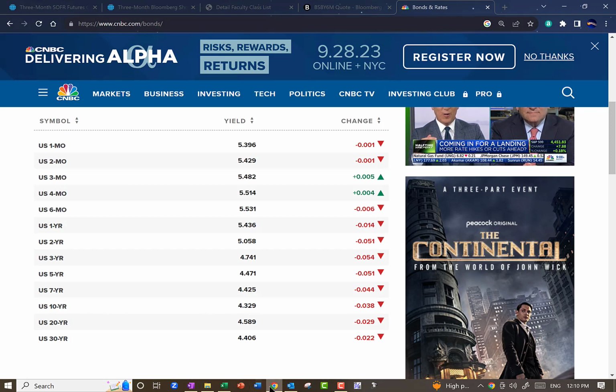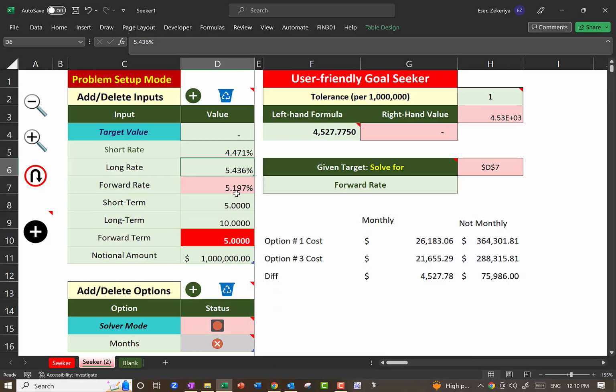But even now, let's do 1 year, 2 years. 1 year, 536.6, 543.6. Oh, 2 years is not. Well, let's do 2 and 3. 5062, 4744. 2, 3. Until you have the right inputs, this doesn't change anything.